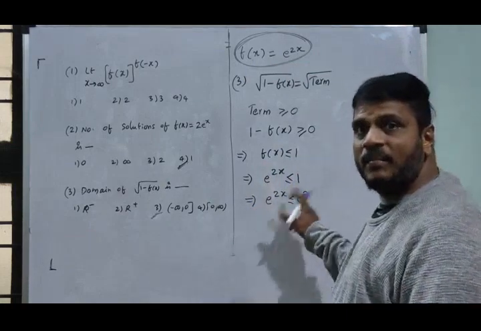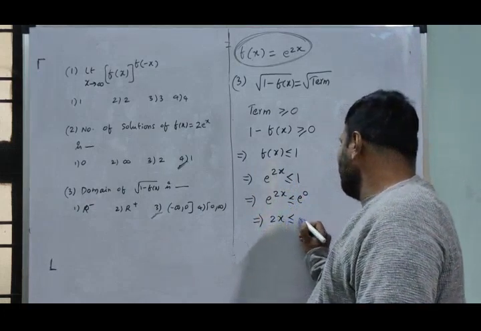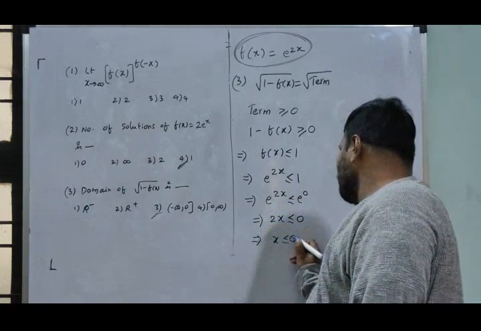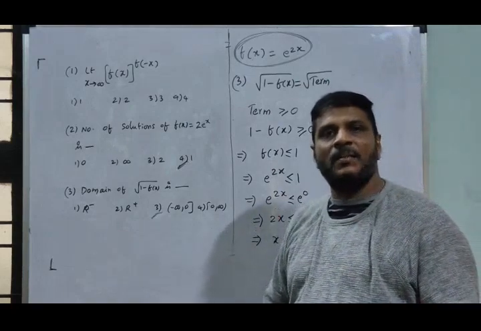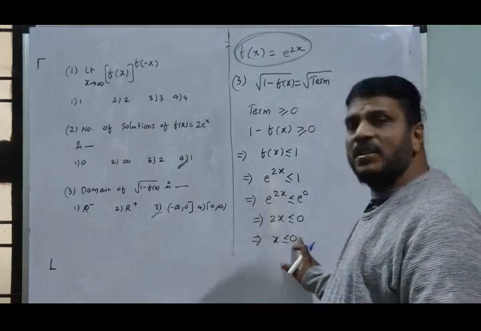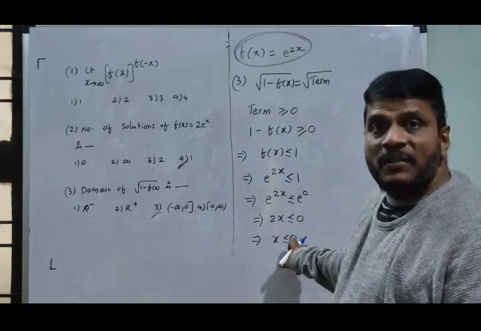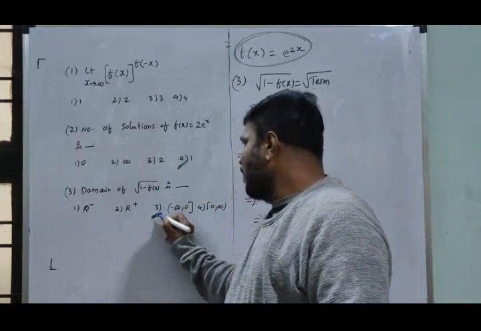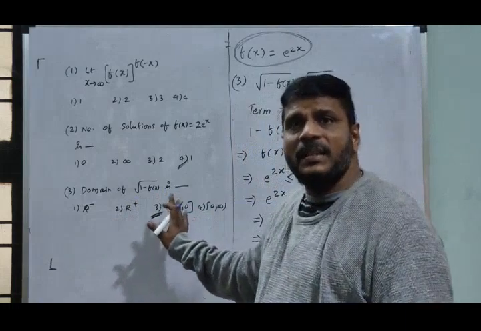By applying logarithm both sides, you will get 2x less than or equal to 0, implies x less than or equal to 0. x less than 0 means all negative real numbers, and x equal to 0. So here our solution is open minus infinity to closed 0. So that is the third option for this question.